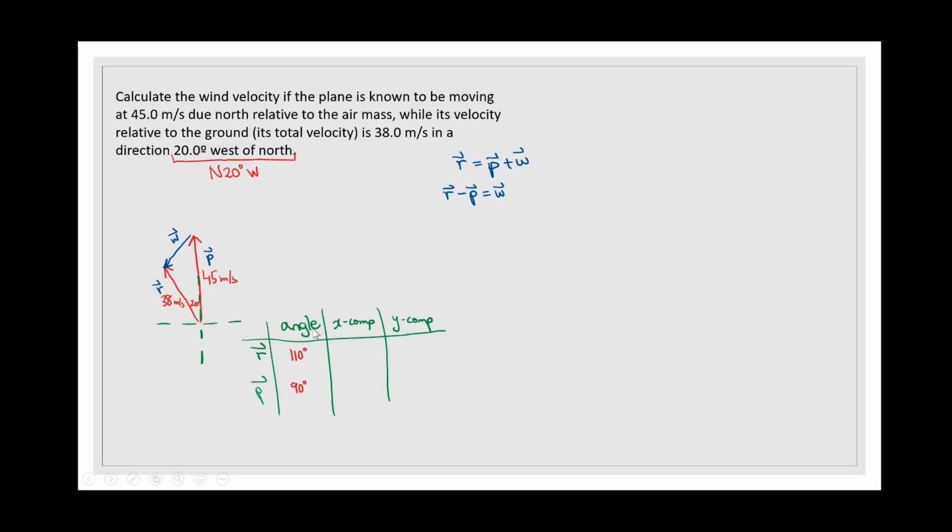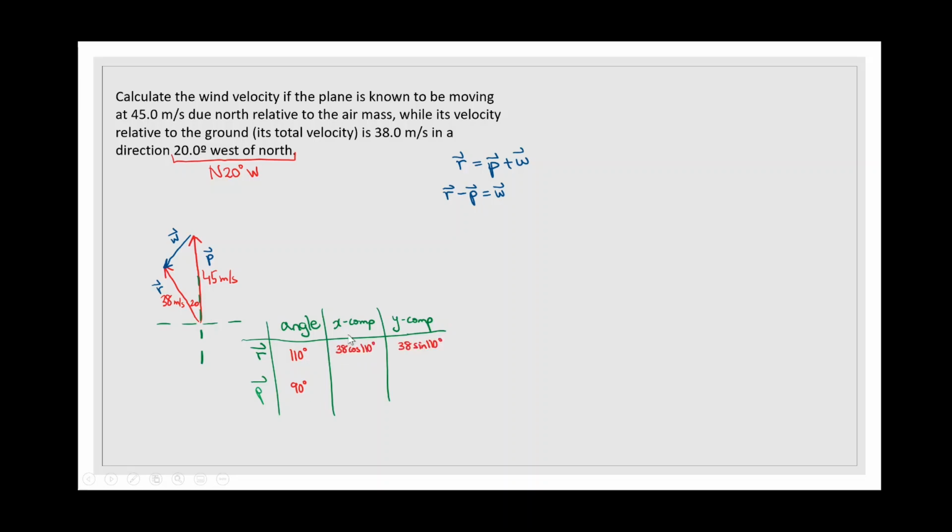So let's start with the angles. Angles always must be quoted from the positive x-axis. So if we know this angle right here is 20, plus the 90 right here from the positive x-axis, together makes 110. And for the plane, because it's straight north, it is going to be 90 degrees there. You have learned that to break it down into components, you're going to have to use cosine and sine of an angle.